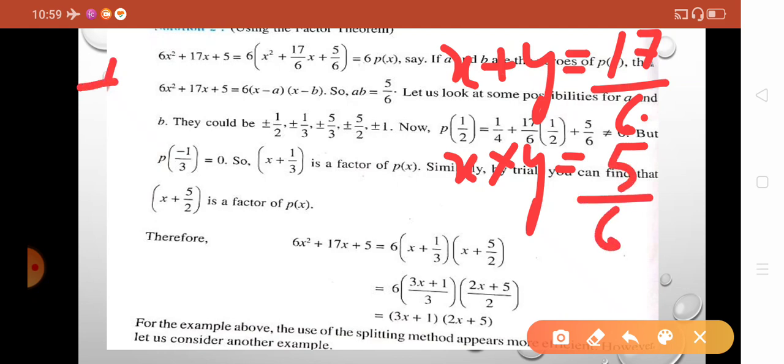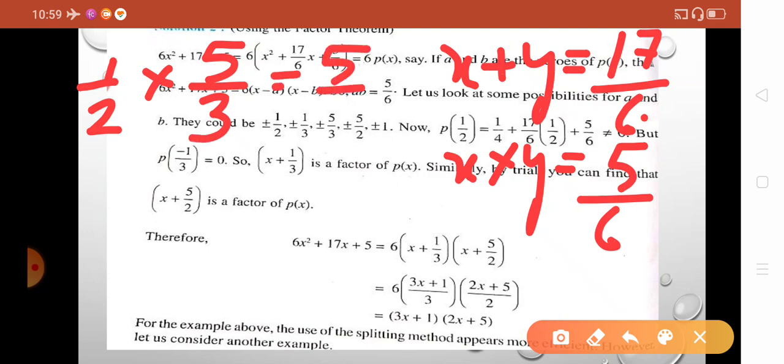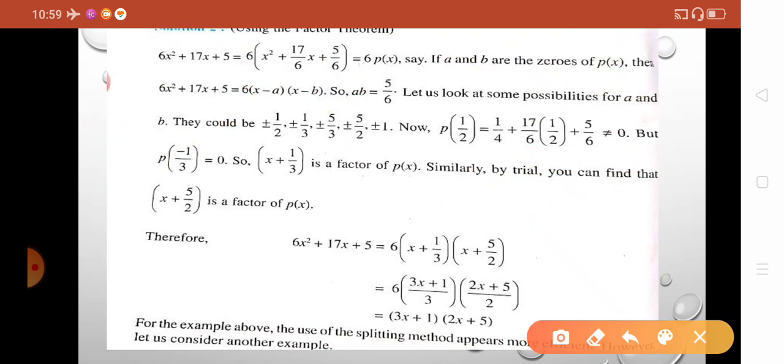So if you take 1 by 2 and 5 by 3, the product is 5 by 6, but we have to check whether x plus y is 17 by 6 or not. So we will use the hit and trial method. First of all we will take 1 by 2. For p is equal to 1 by 2 we will find the value, and that doesn't come out to be equal to 0.